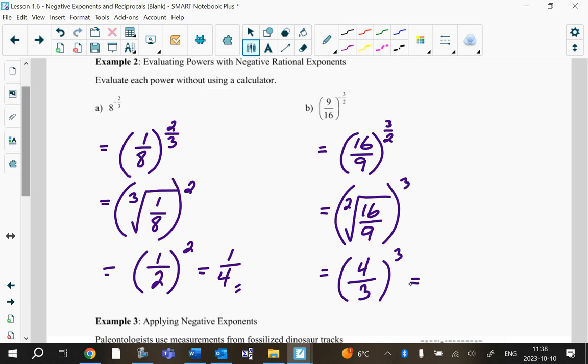Cross out example 3. We're not going to do that one. Example 3 really has to do with how you use a calculator with fraction exponents and negative exponents. And we're not going to worry about that. Okay?